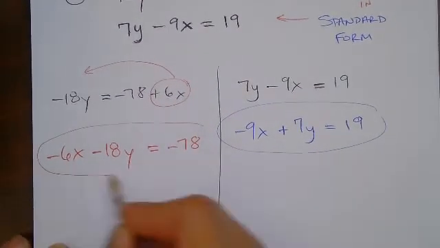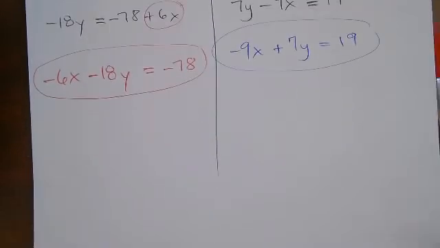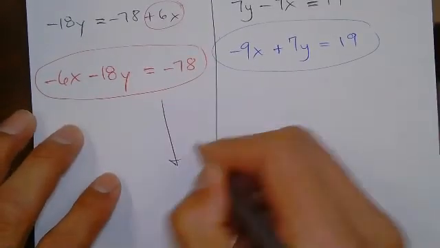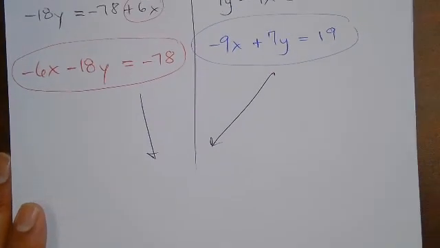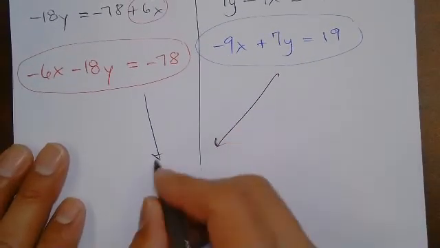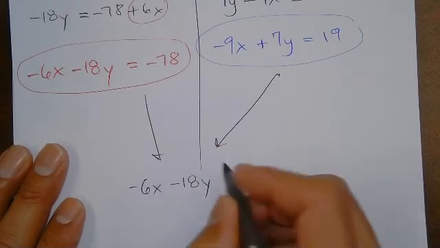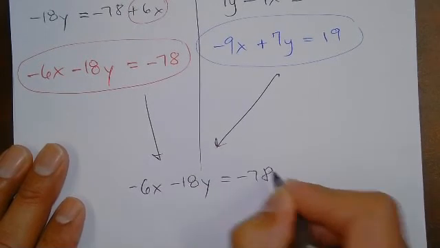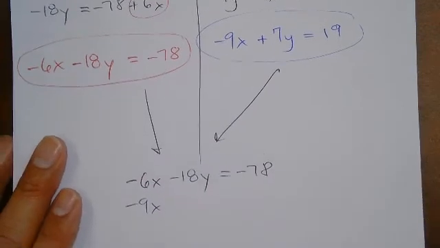And now that these are in the correct what? Standard form, then we can put them together and then we have to set up the system first so that it's in this correct order, right? Now I can put it, negative 6x minus 18y equals negative 78, and then negative 9x. I can put them like that now.